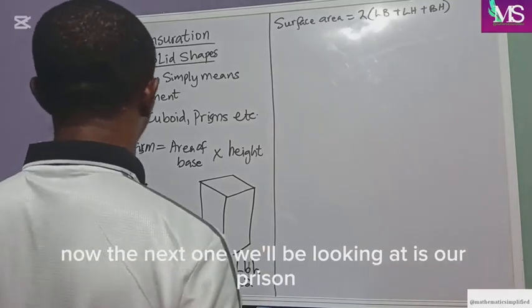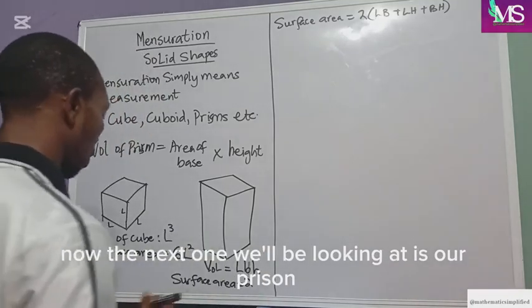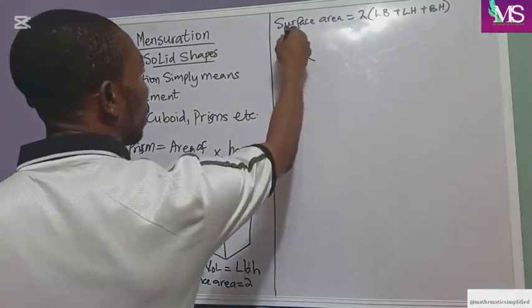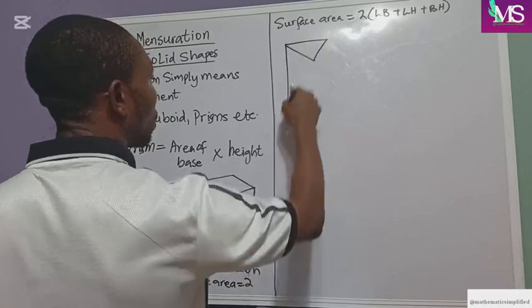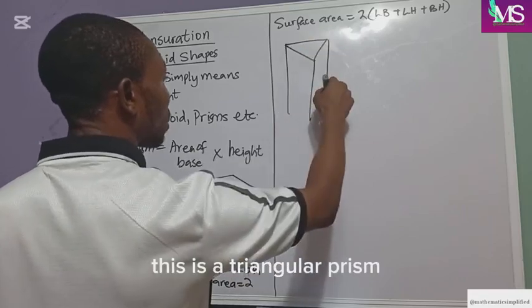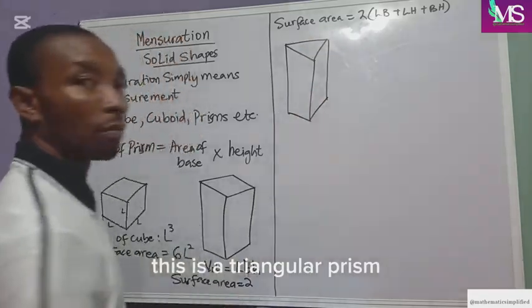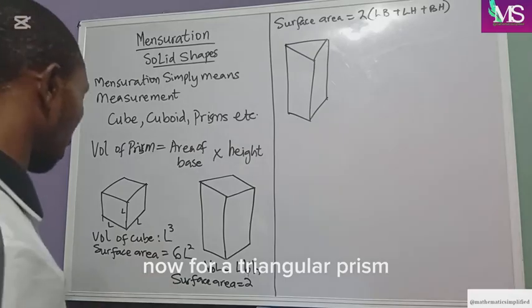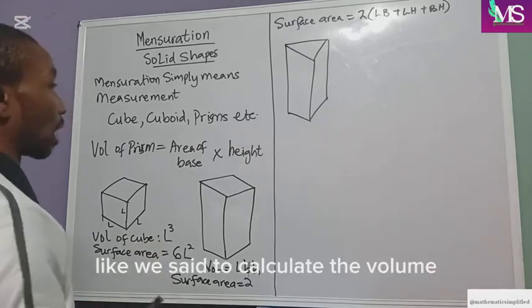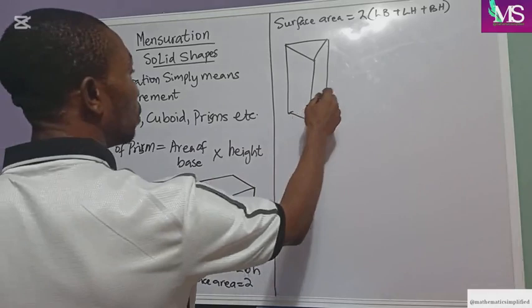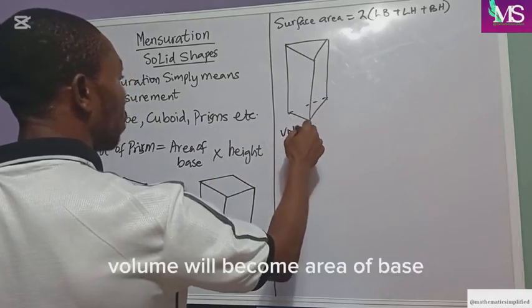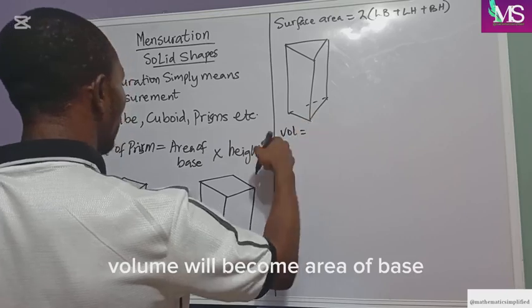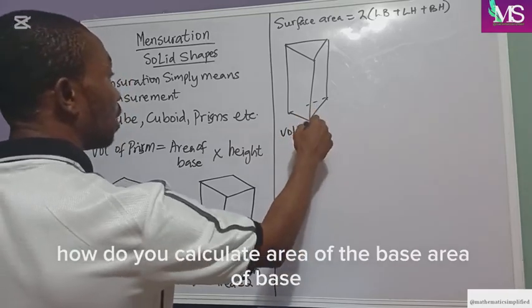Okay, now the next one we'll be looking at is our prism. This is a triangular prism. Now, for a triangular prism, like we said, to calculate the volume will become area of base times height. How do you calculate area of the base?